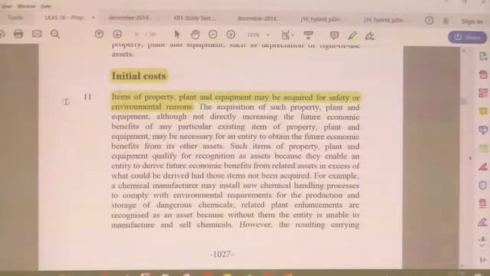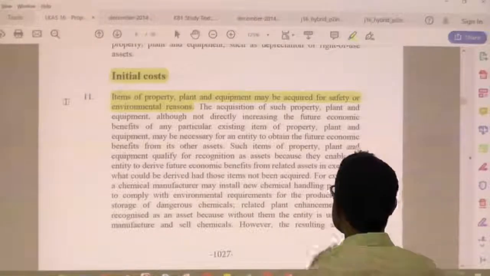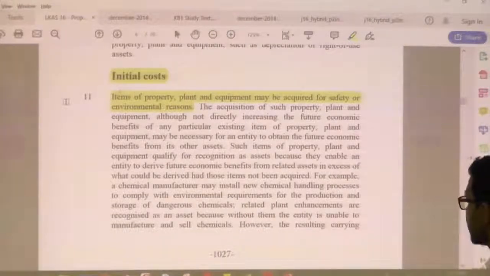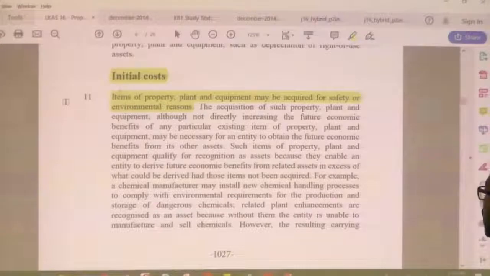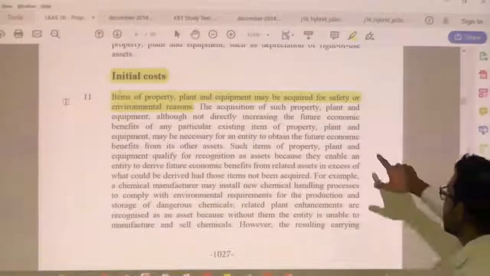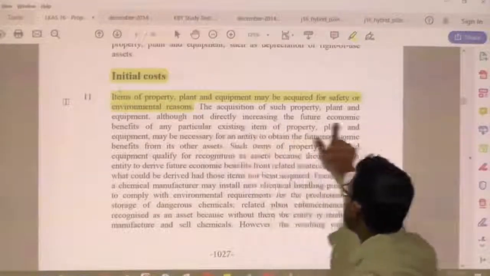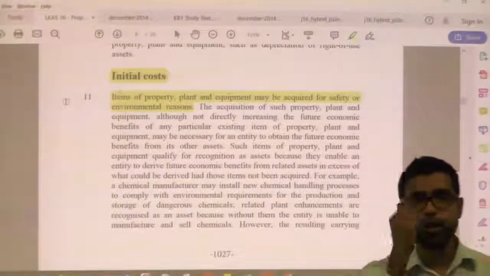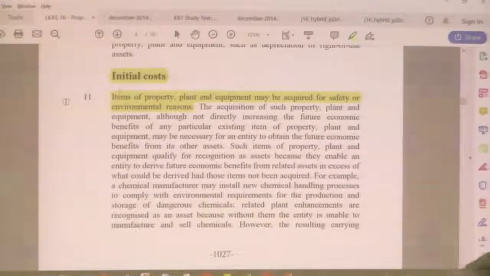Read this. The acquisition of such property, plant and equipment, although it does not directly increase future economic benefit, for you to identify assets, you must identify asset recognition criteria. If those criteria are met, only then can you capitalize assets.